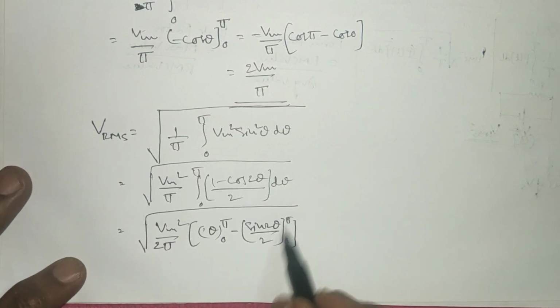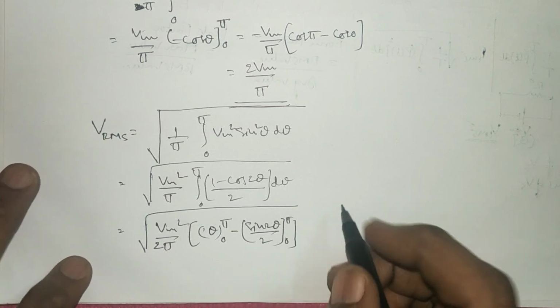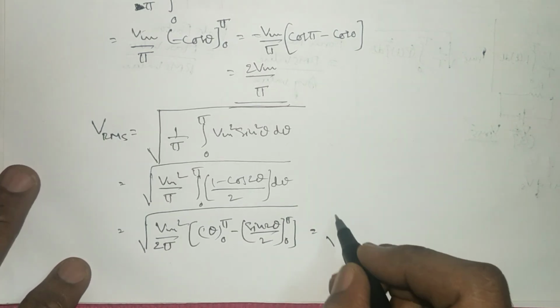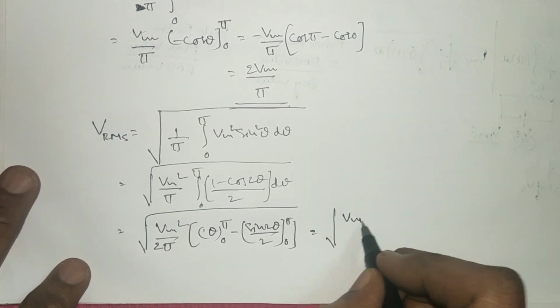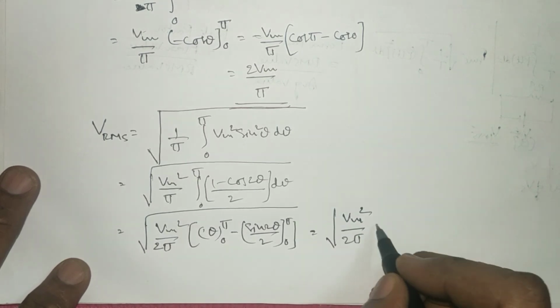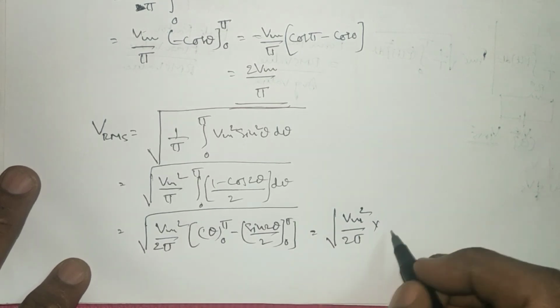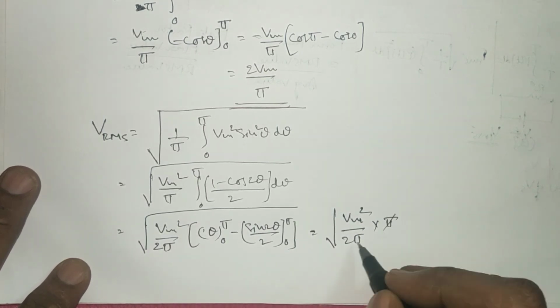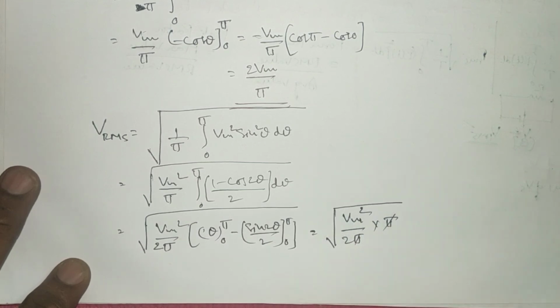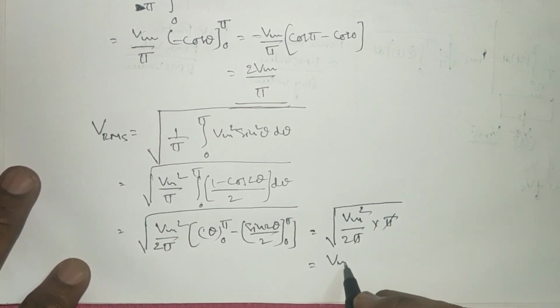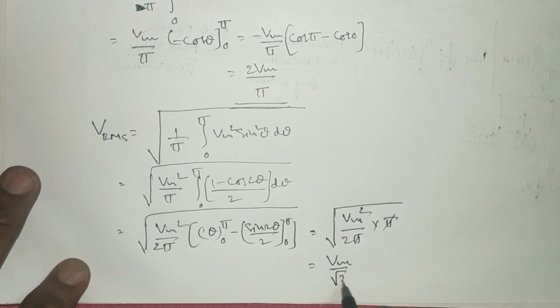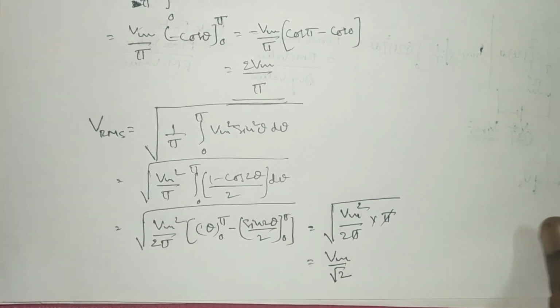When you substitute, sin 2 pi is 0 and sin 0 is also 0, hence this term is 0. We are left with Vm square divided by 2 pi multiplied by theta, which is pi minus 0. The pi cancels, and this equals the square root of Vm square by 2, which is Vm by root 2. That is how we can find out the RMS value here.